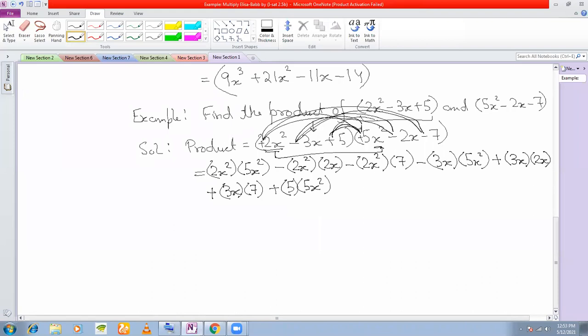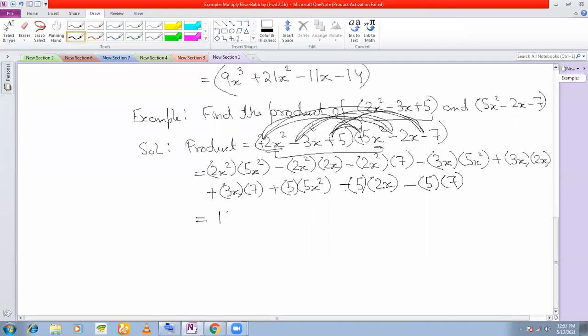Next, this plus sign will combine with this minus to give you a minus sign. We'll have a minus here, so 5 into 2x. And then this plus sign will combine with this minus sign to give you a minus sign 5 into 7.